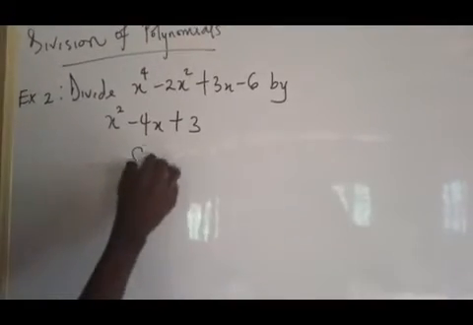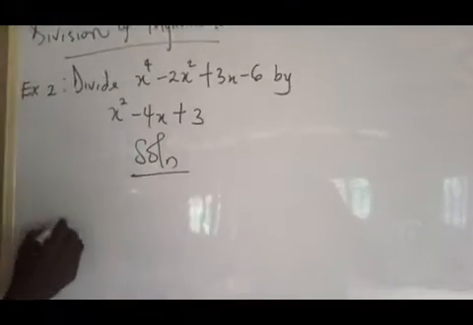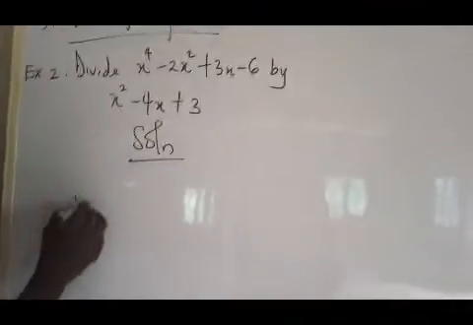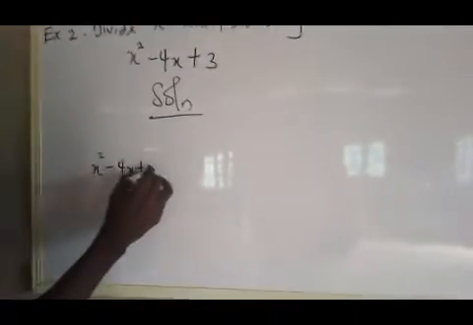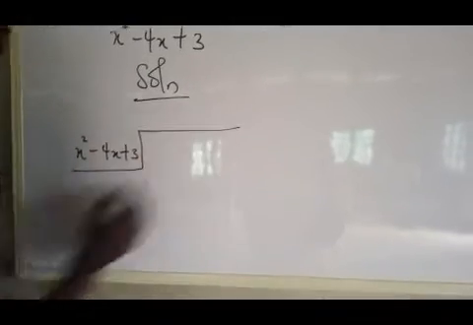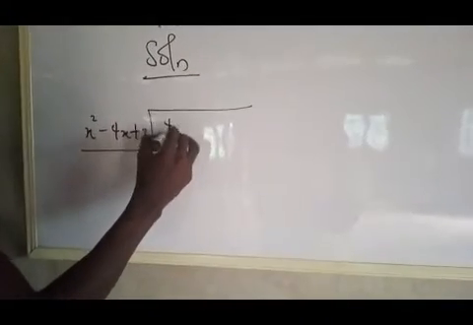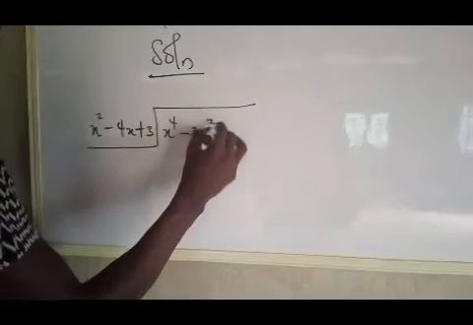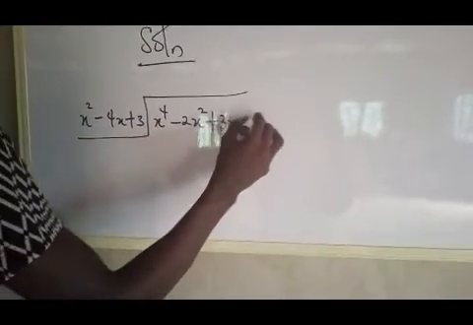All right, so let's see the solution. Our divisor is x squared minus 4x plus 3, to divide x raised to power 4 minus 2x squared plus 3x minus 6.